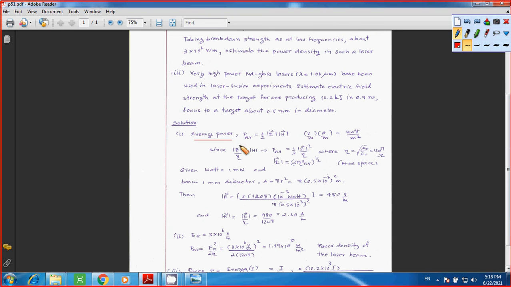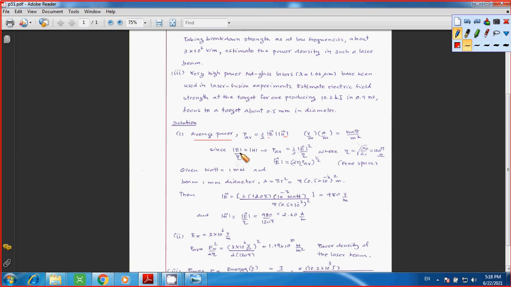You know the average power P_av equals 1/2 the magnitude of the electric field multiplied by the magnitude of the magnetic field. If you look at the units, your electric field E has the unit volt per meter, and H has the unit ampere per meter. So V multiplied by A gives you watt, just like in your circuit, divided by meter squared. So you have the power per area.